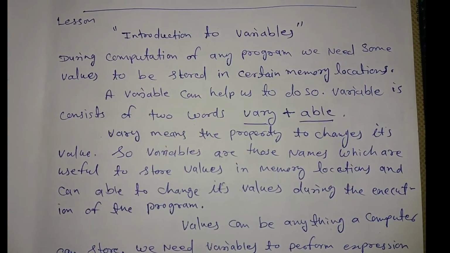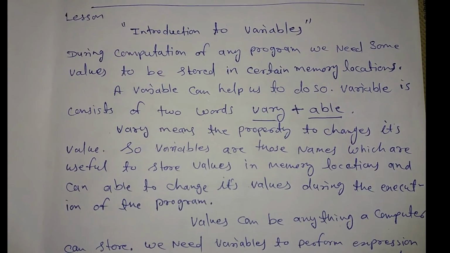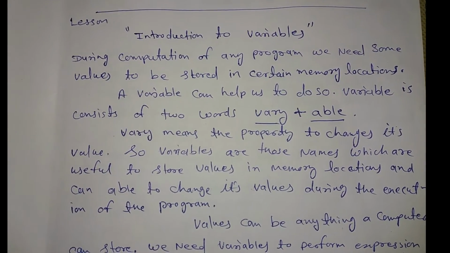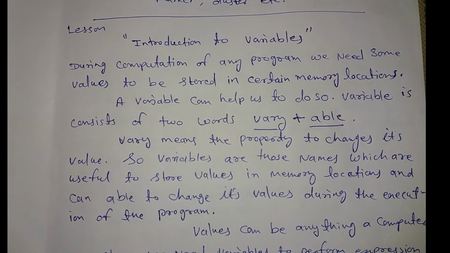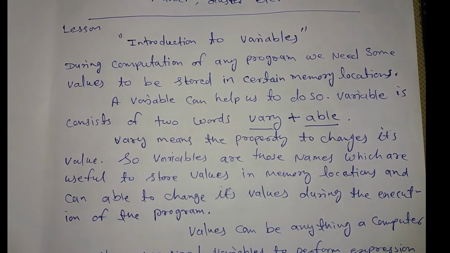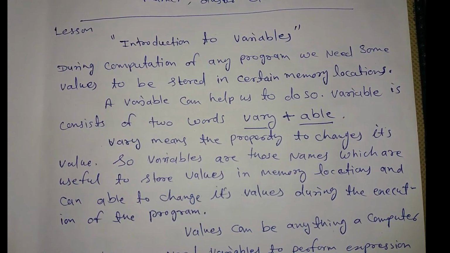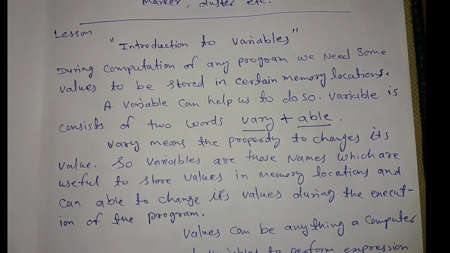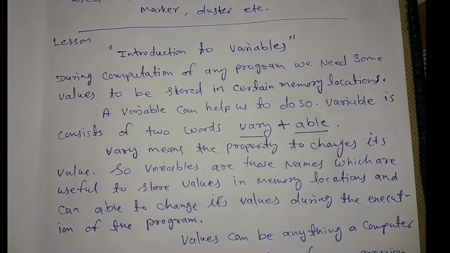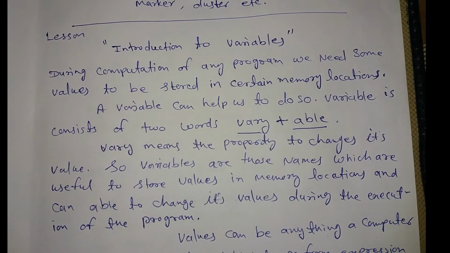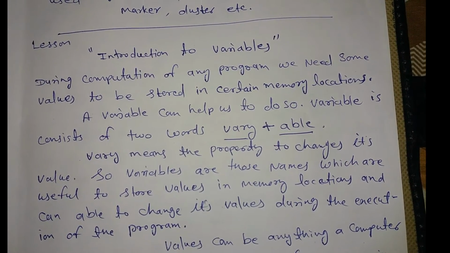So first of all, we will consider the introduction to the term variables. During computation of any program, we need some values to be stored in certain memory locations. A variable can help us to do so. Variable consists of two words, vary and able. Vary means the property to change its value.